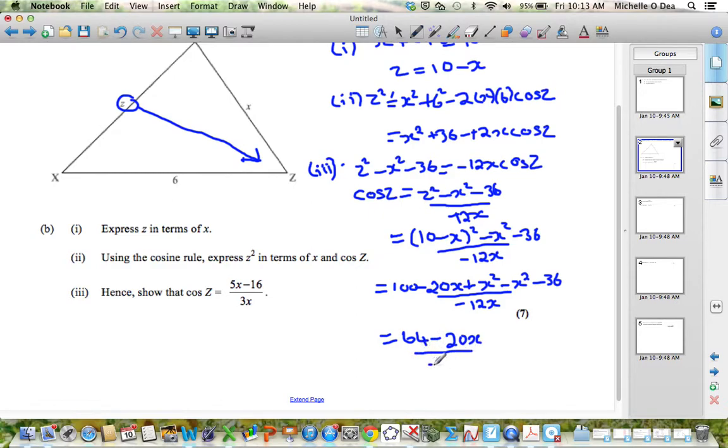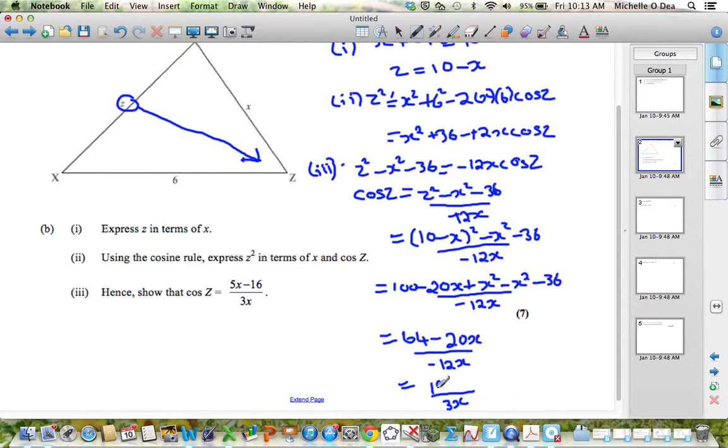all over minus 12x, and then just divide through by minus 12, because what we're trying to get to in the bottom is a 3x. So that tells me that these obviously can both be divided by 4. So I've got 3x in the denominator, so I can divide every single term by 4.